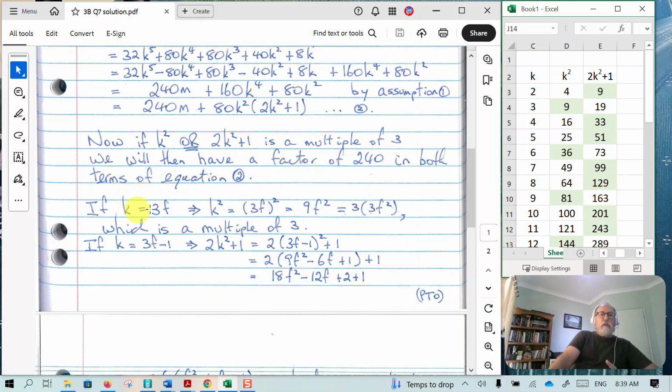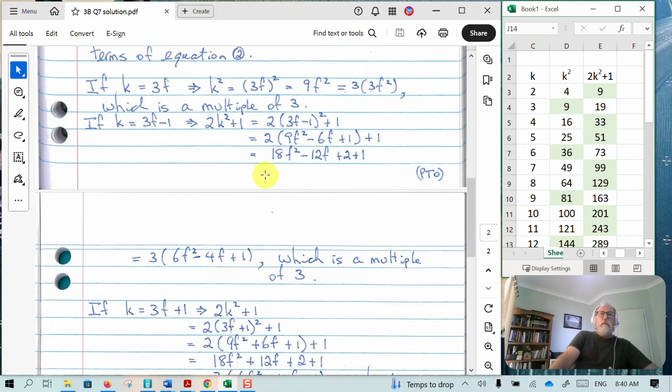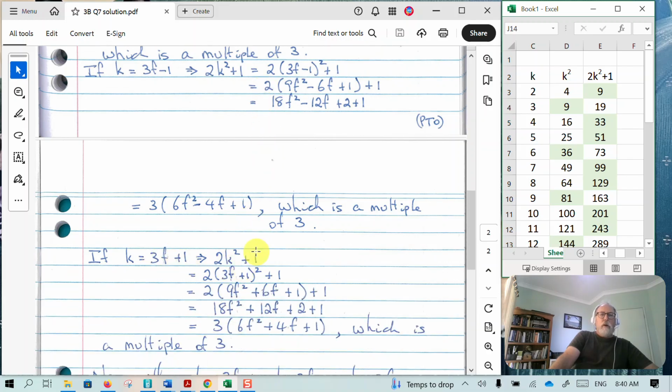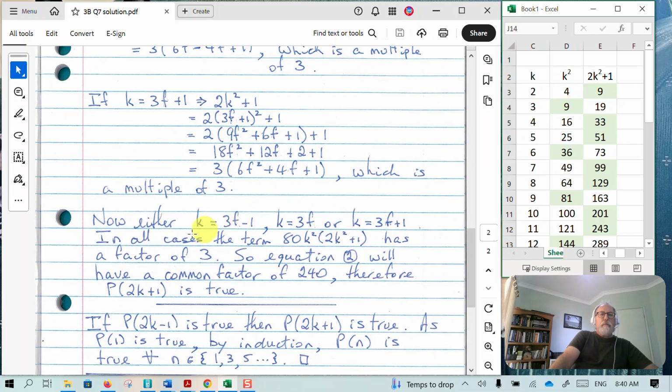We have to consider the case where k is a whole multiple of 3, or 1 less than a multiple of 3, or 1 more than a multiple of 3. Each of those is like a very simple little direct proof. And then in those 3 cases, which covers all possibilities, we can make the statement: either k is a whole number multiple, or 1 less, or 1 more than a multiple of 3.